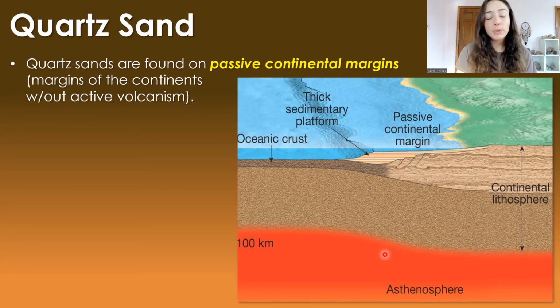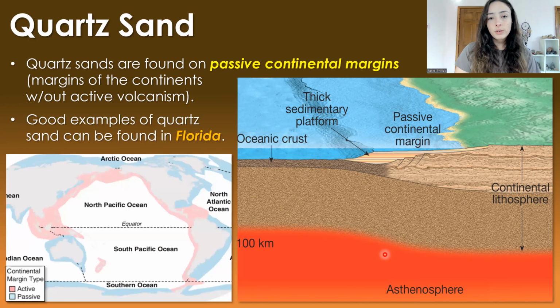Quartz sands are typically found on passive continental margins where there's a lack of active volcanism, because if you're getting a lot of volcanism, you'll probably get a lot more either very young sand with a lot more lithic and feldspar fragments, or even basaltic sand if the volcanism is basaltic, and I'll talk about that in the next slide.